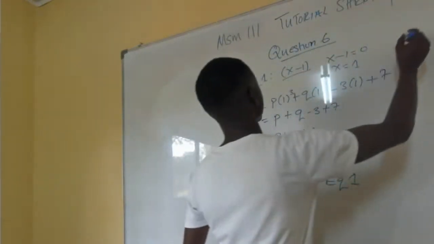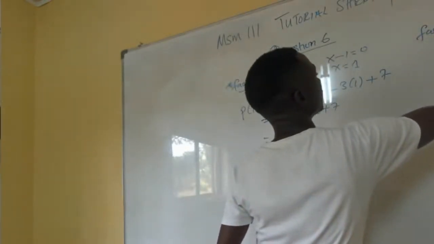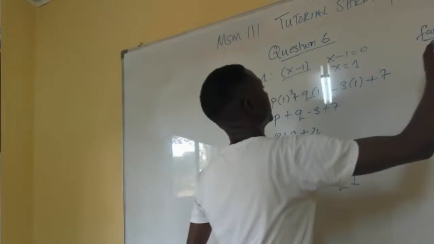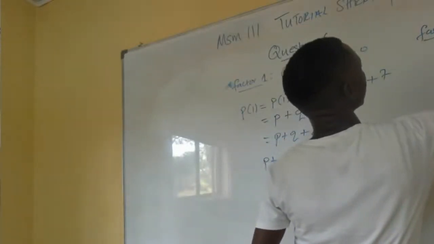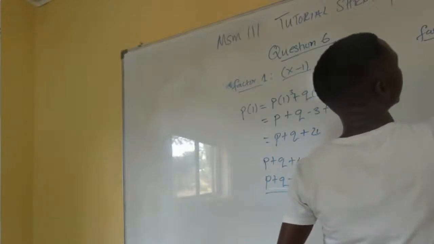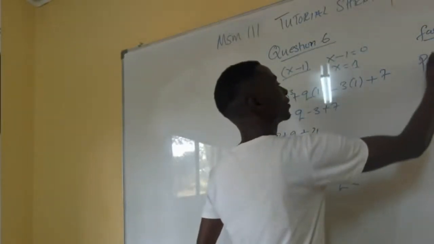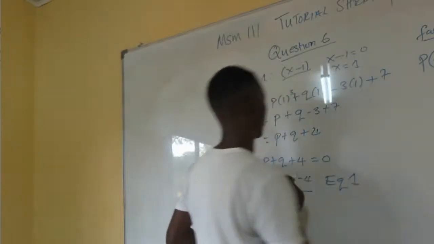So our second factor, factor 2, is x plus 1. So if you do that, our x is negative 1. So we are solving p(negative 1).